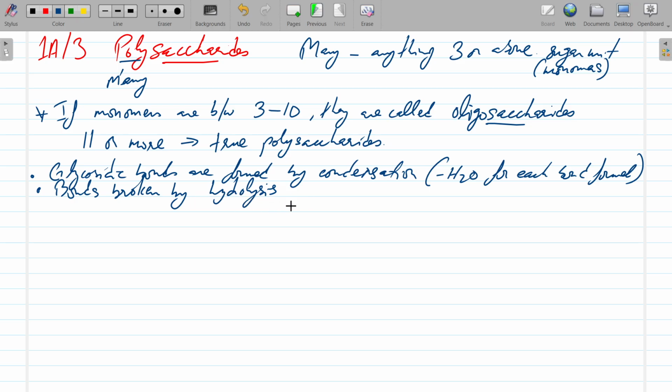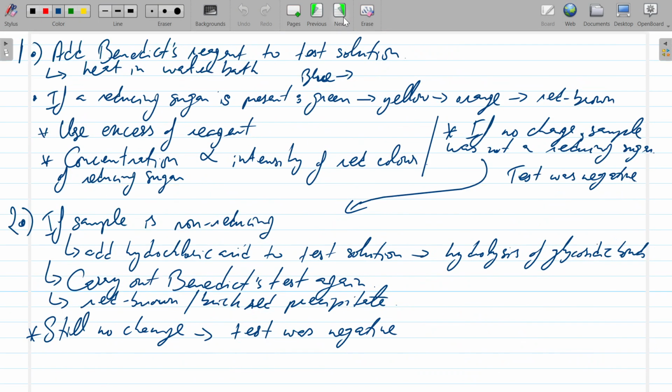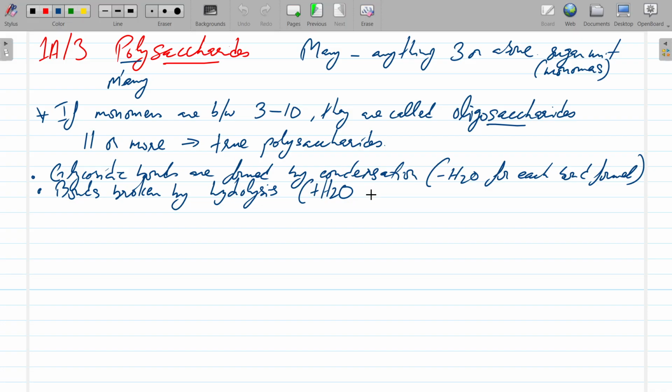So they can be broken by hydrolysis, which is basically a water molecule being added back, which makes sense, because if you're breaking it up into its monomer units, you want to recover the OH groups for each of the monomers that were involved in forming the glycosidic bond. So you need to add back that water molecule. And again, this is for each bond.